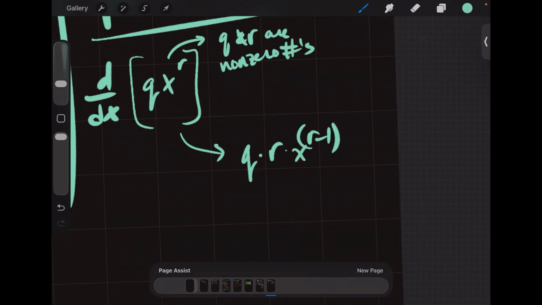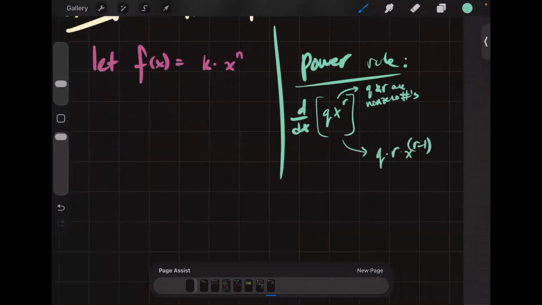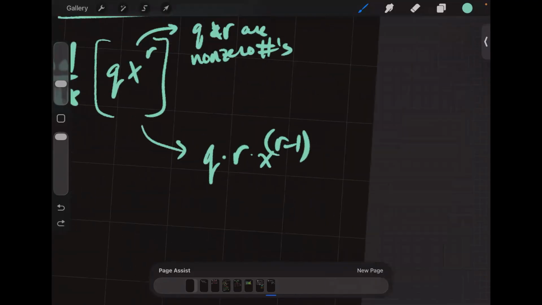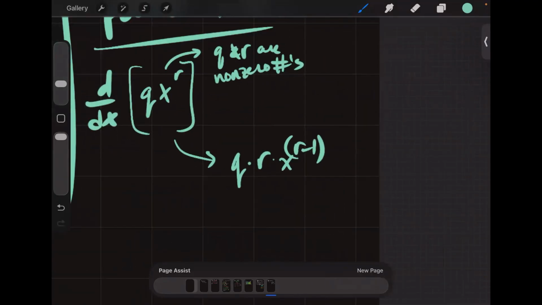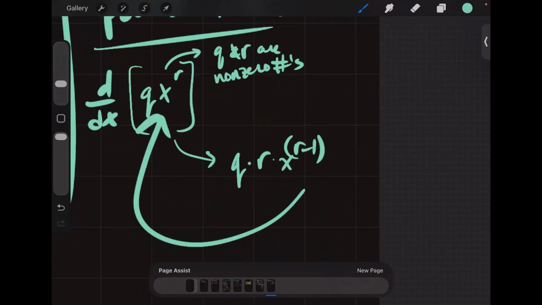I'm using slightly different letters, and I'll show you why in a second, right? If you want to undo that, how do you go from here back to here?